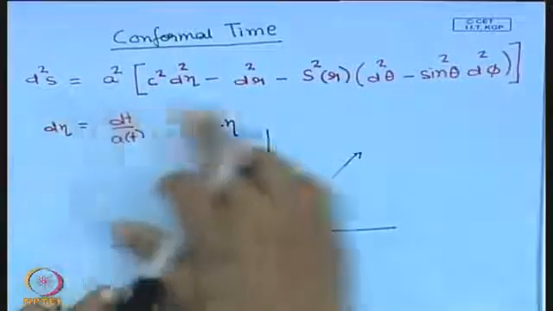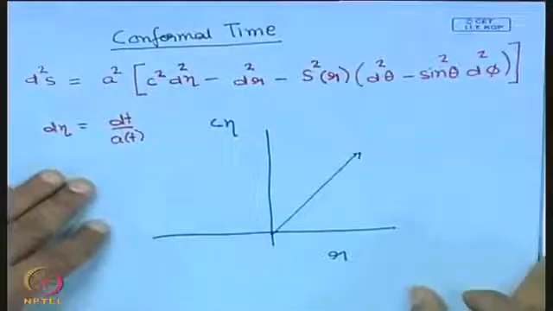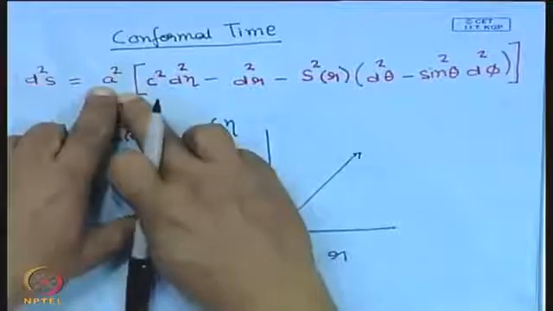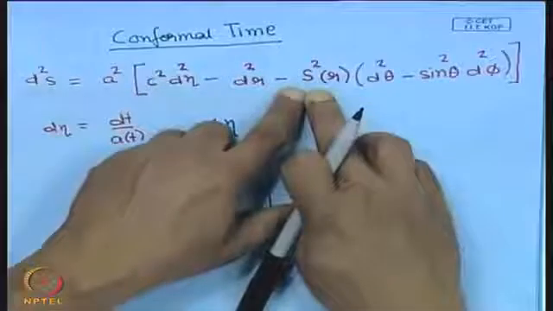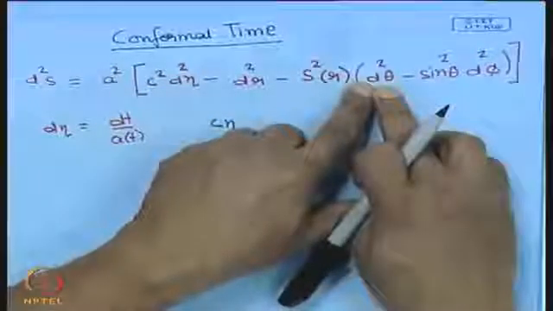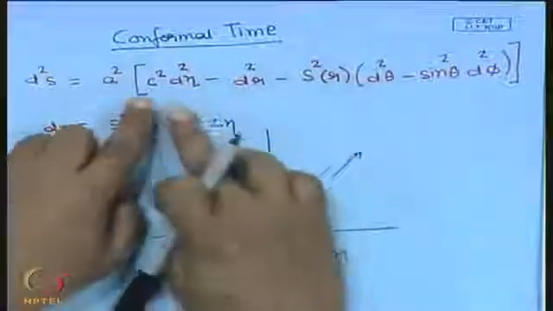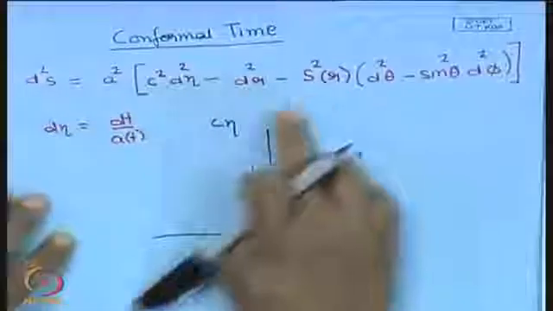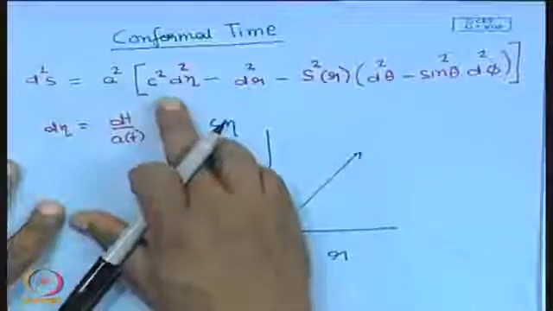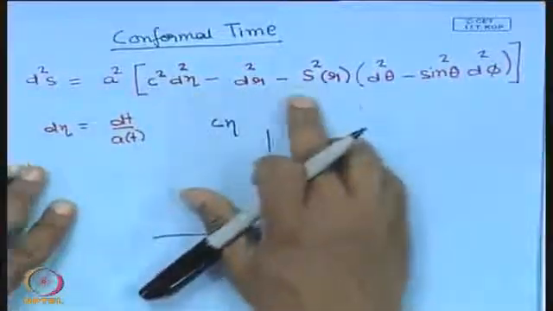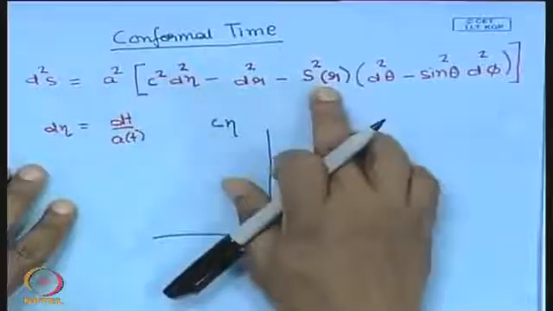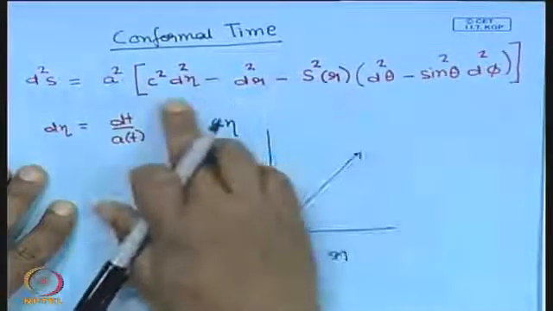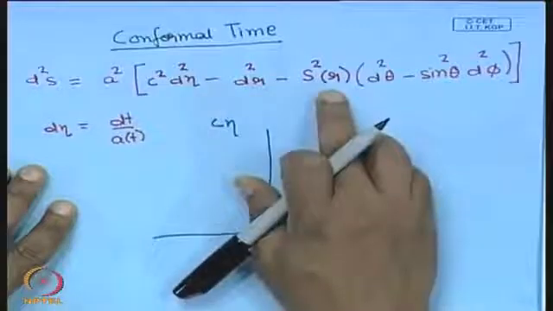It is A into S of r into delta theta. Let me digress a little bit: I have not yet talked about the difference between r and S of r. There are two different functions over here. Here you have r, here you have S of r.